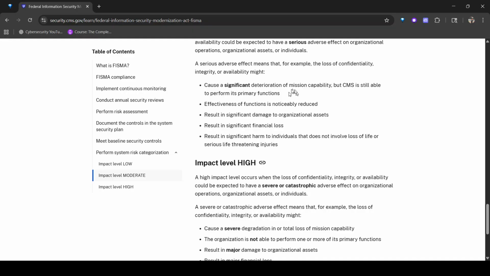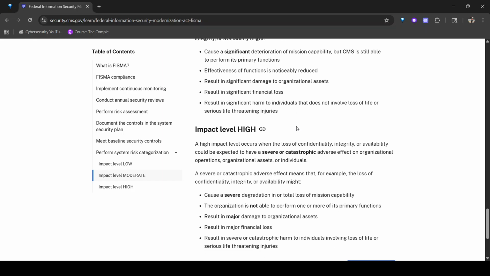Effectiveness of functions is noticeably reduced, and it results in significant damage to organizational assets, significant financial loss, and significant harm to individuals that does not involve loss of life or serious life-threatening injuries.